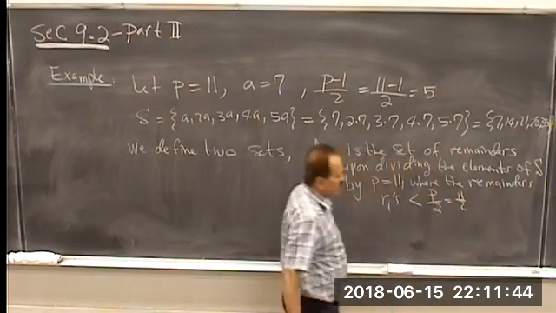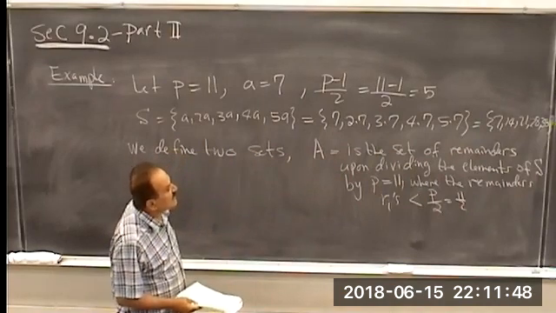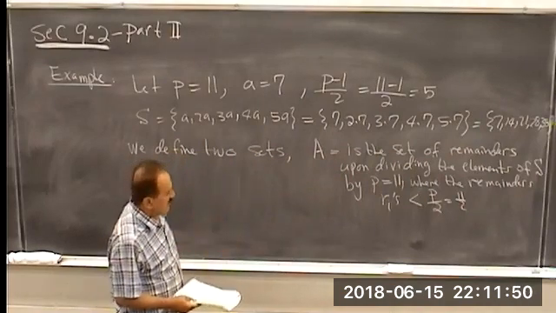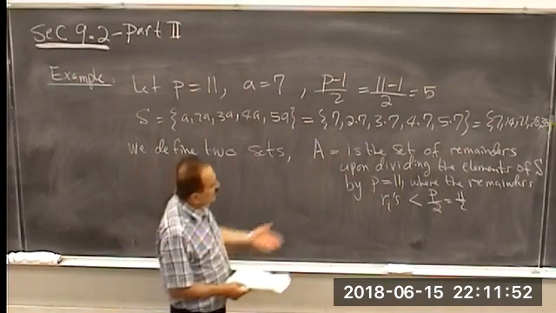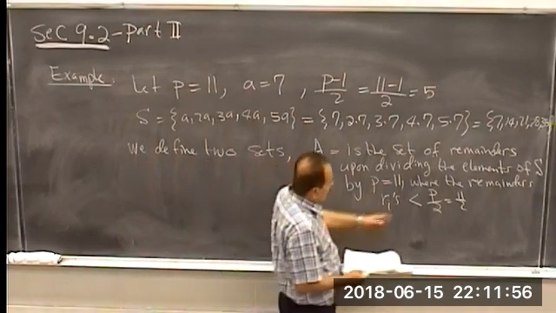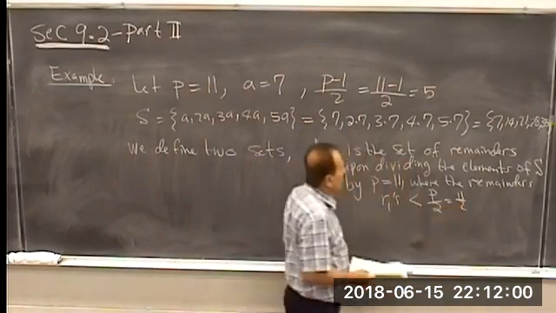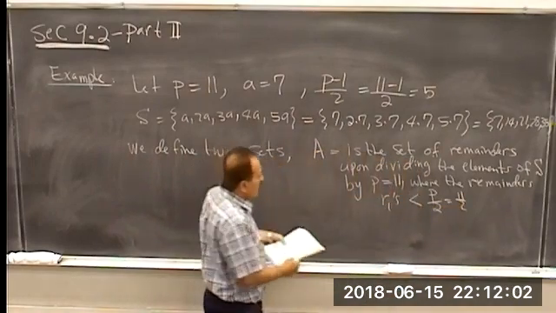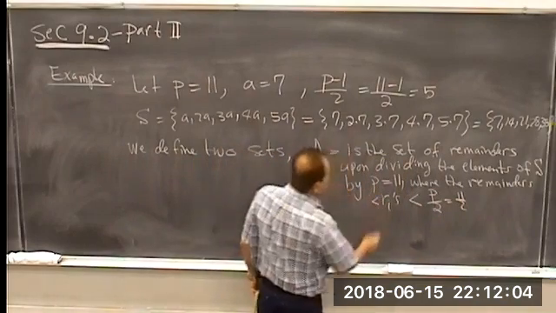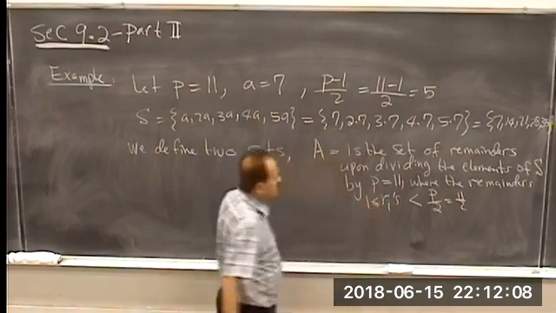And 11 over 2 is not an integer, so these R_i cannot be equal to 11 over 2. So it's going to be less than or equal to P minus 1 over 2, or 11 minus 1 over 2. And of course, by definition, these are bigger than or equal to 1.